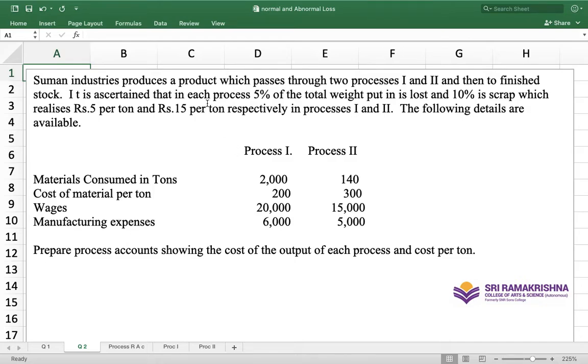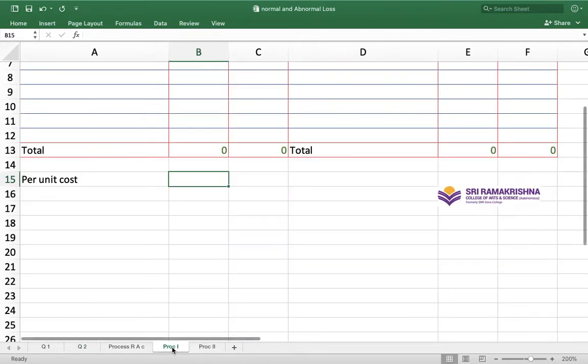During the process, there is an expected wastage of 5%. As we have already discussed, the wastage doesn't have any value. There is no accounting treatment for wastages, and the scrap value is 10%. This is called normal loss. So first we have to prepare the process 1 account.